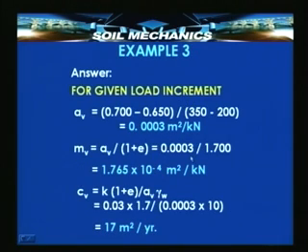Now, for this load increment, sigma 2 dash minus sigma 1 dash will be 350 minus 200, and av, the coefficient of volume compressibility, will be nothing but de by dp, and that will be 0.303, and the units of av are meter square per kilonewton. mv is nothing but av upon 1 plus e.